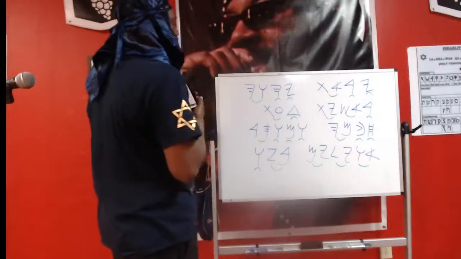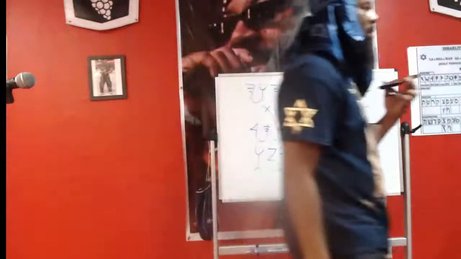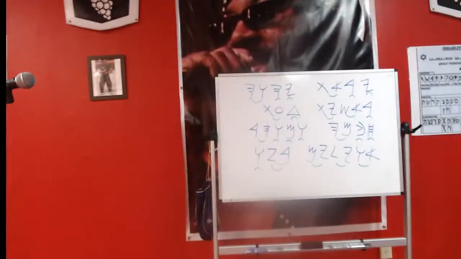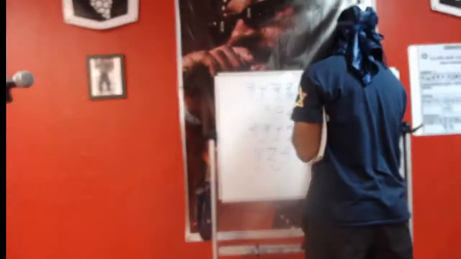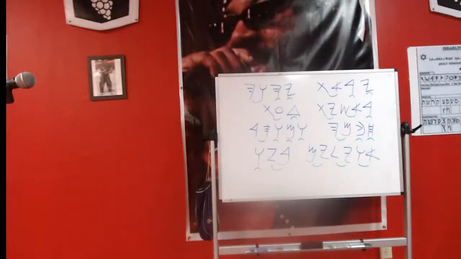And in the meantime, our troopers are going to sight read what is on the board. So now, Trooper Izar, you are up first. Sight read what is on the board in ancient Hebrew.